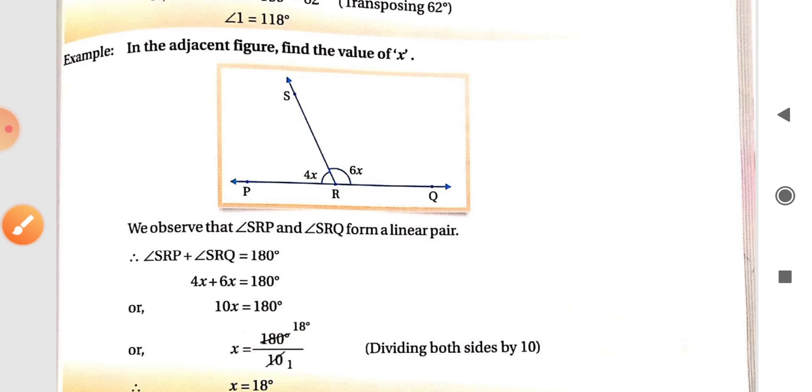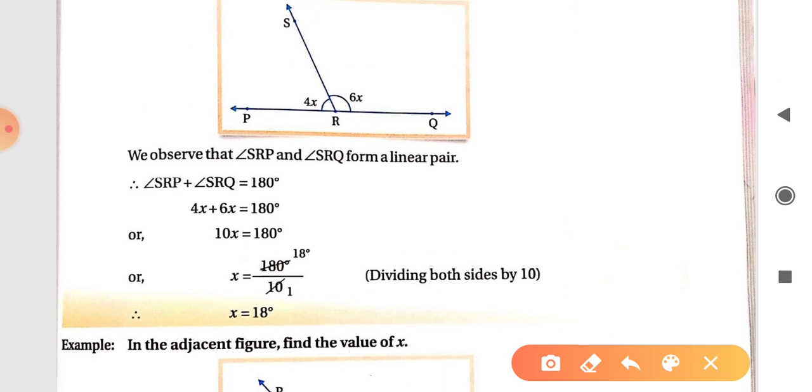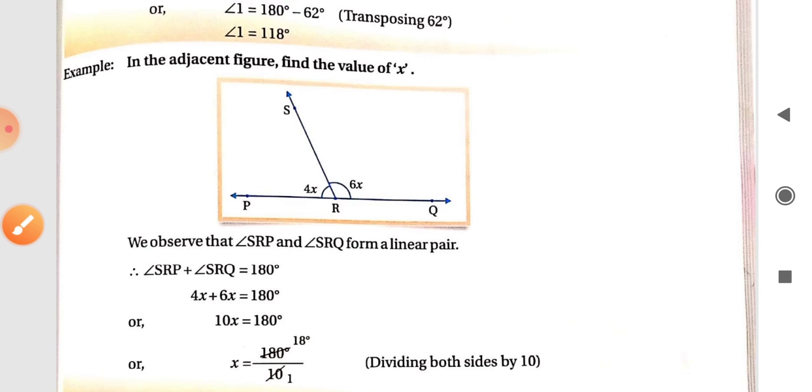So we can say that the sum of these angles is 180, that is, angle SRP plus angle SRQ is equal to 180 degrees. Then 4x plus 6x is equal to 180 degrees. 4x plus 6x is 10x, then 10x is equal to 180. Then x is equal to 18 degrees.